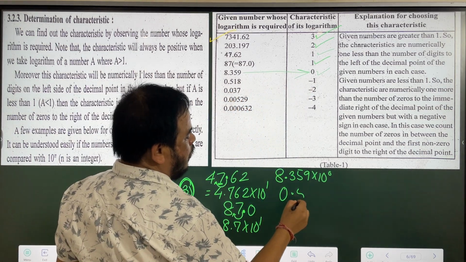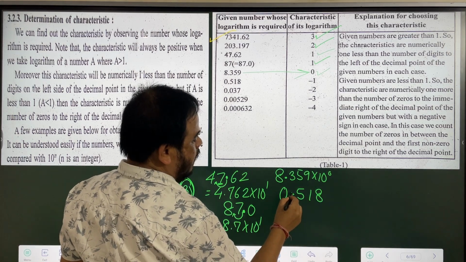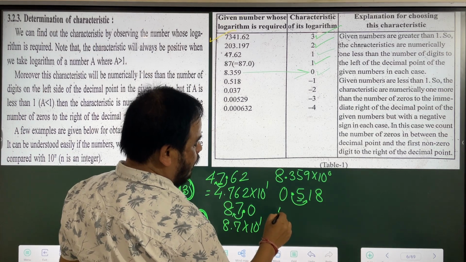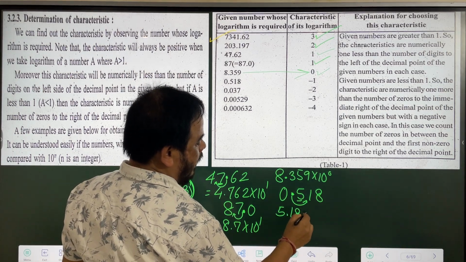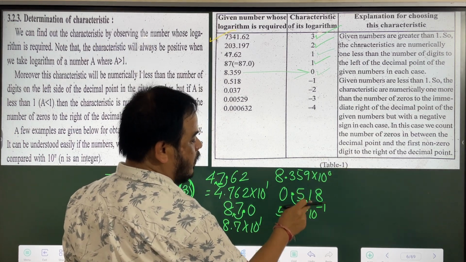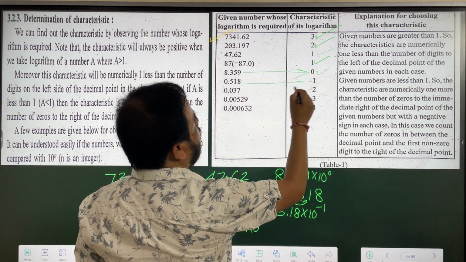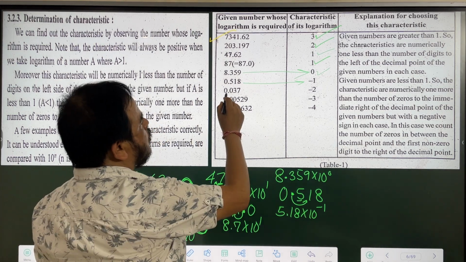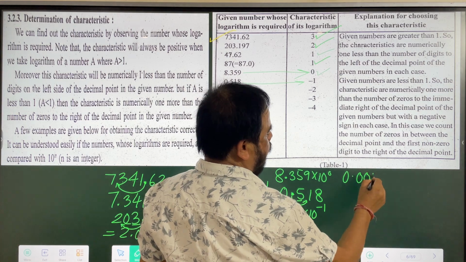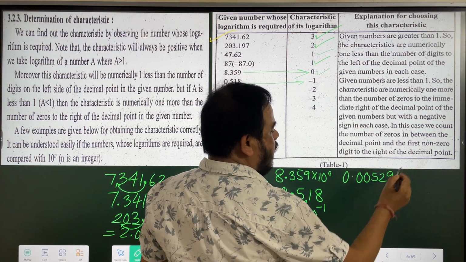0.518. Now the decimal will move 1 place towards the right hand side. So 5.18 into 10 to the power minus 1, towards the right hand side. How many places? 1 place, minus 1. So the characteristic is minus 1. Next, 0.00529.